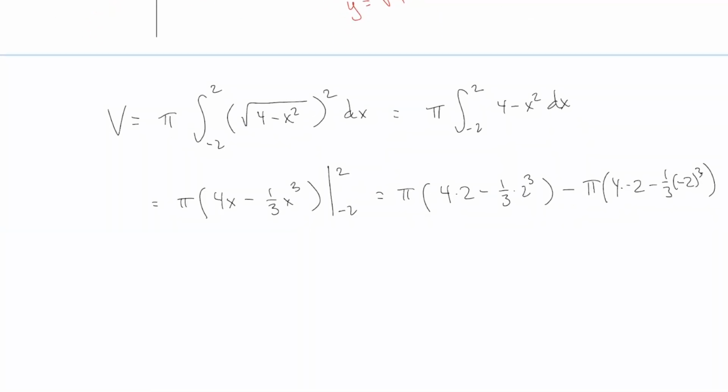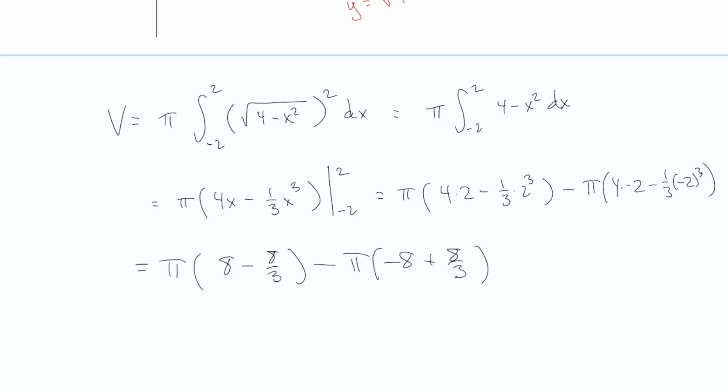So if we just multiply these numbers, of course we have pi on the front of everything, but it's 8 minus 1/3 times 2 cubed. 2 cubed is 8, so this is 8 minus 8/3. And then subtracting pi, and here it's going to say -8 plus 8/3. It's the same, but the signs are all reversed. And I happen to know 8 minus 8/3 is the same as 16/3.